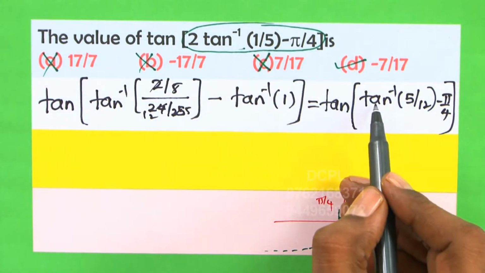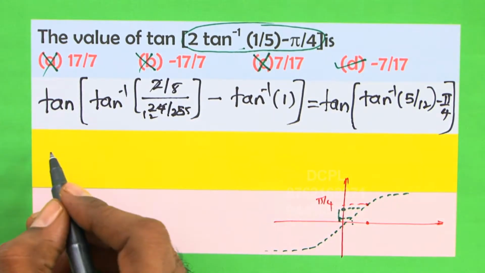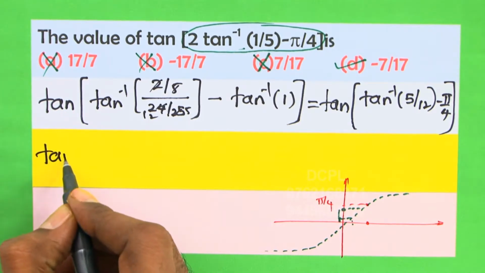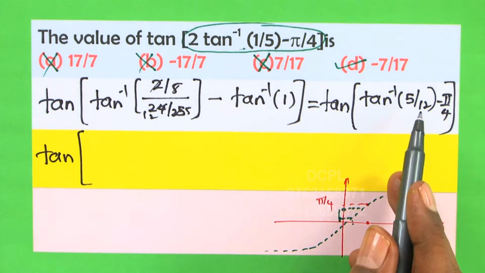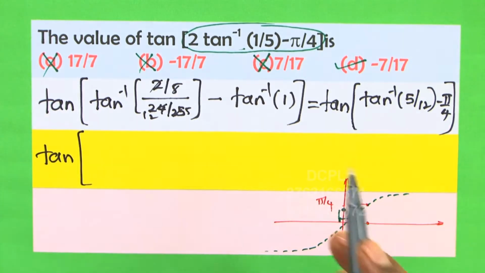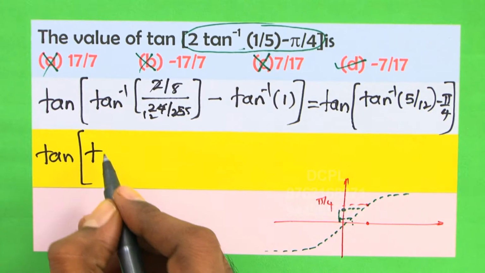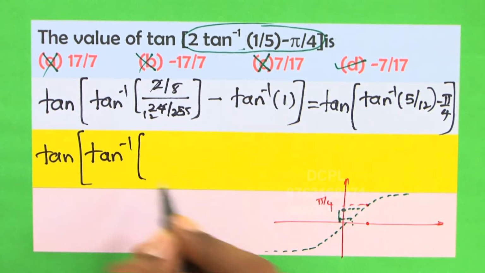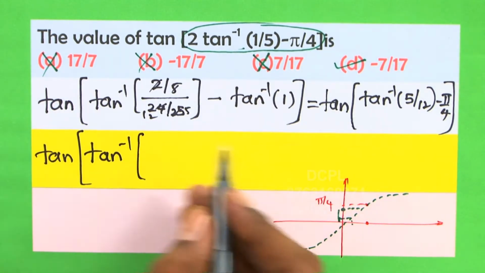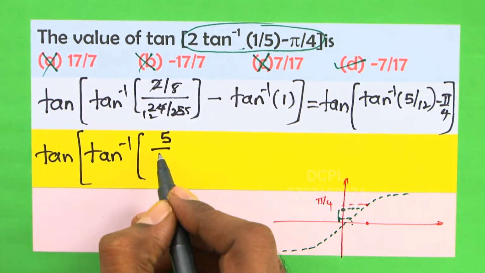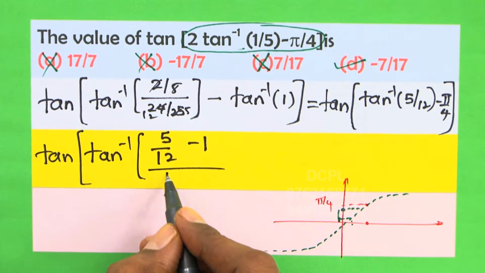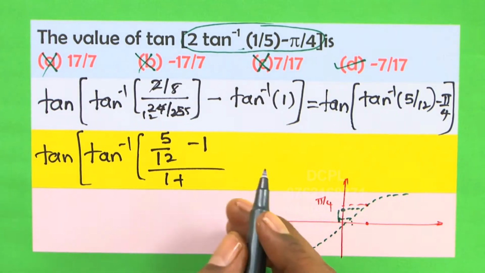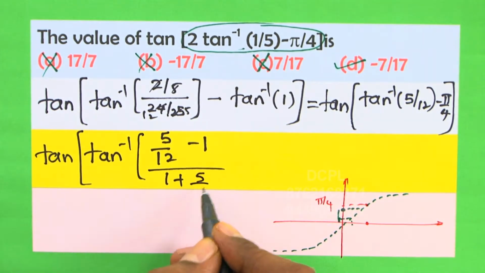So now this is of the form tan inverse of x minus tan inverse of y, right? So let me write tan outside. Tan inverse of x minus tan inverse of y is given by tan inverse of x minus y divided by 1 plus xy. That is tan inverse of x minus y, that is 5 by 12 minus 1 divided by 1 plus 5 by 12.